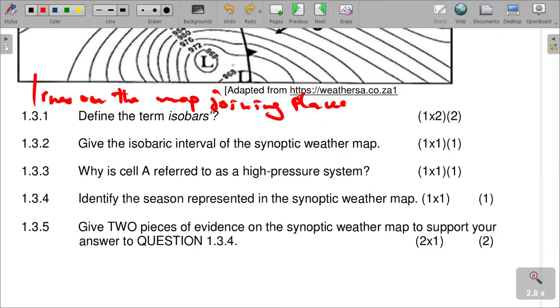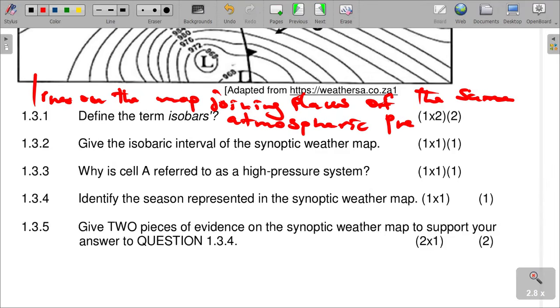So we use isobars to identify places of the same pressure.